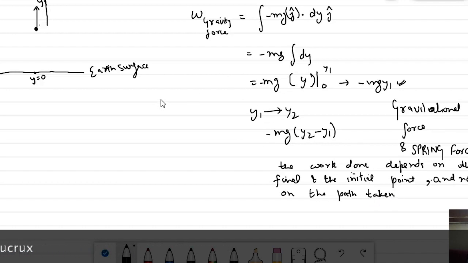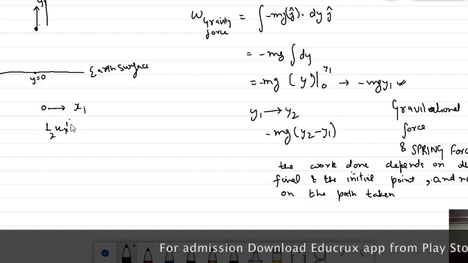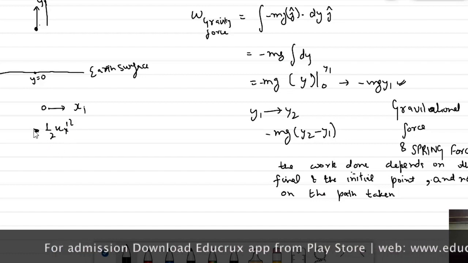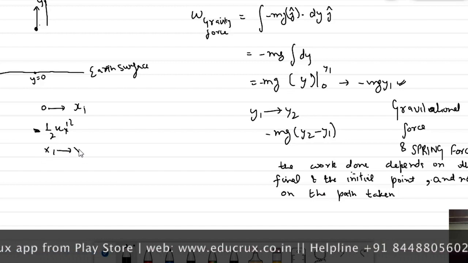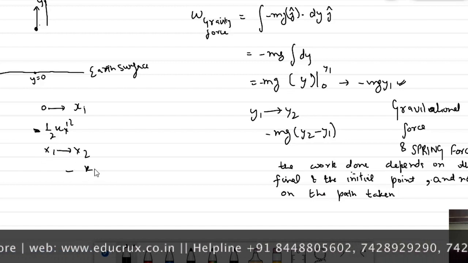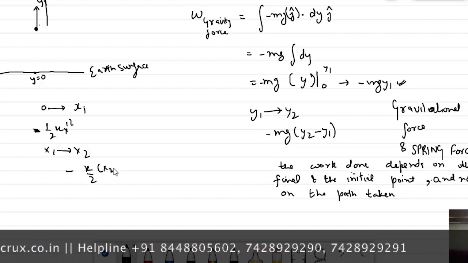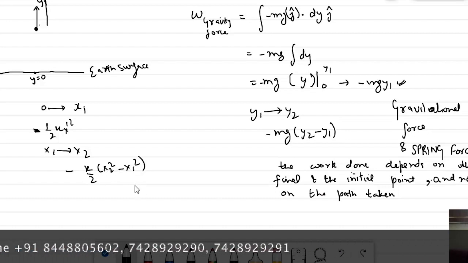So when we discussed spring force, we saw that if I change my position from 0 to x1, my answer was negative half kx1 square. And if I change from x1 to x2, then my answer was minus k by 2 times x2 square minus x1 square.